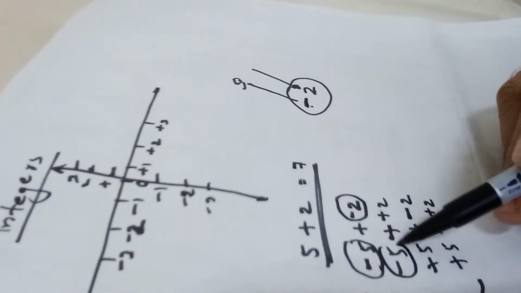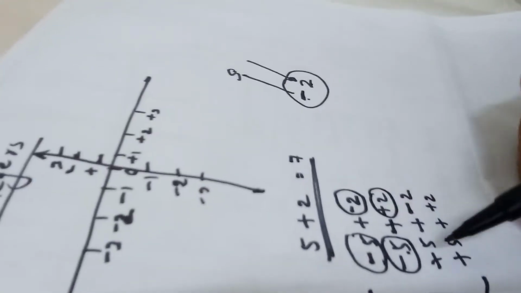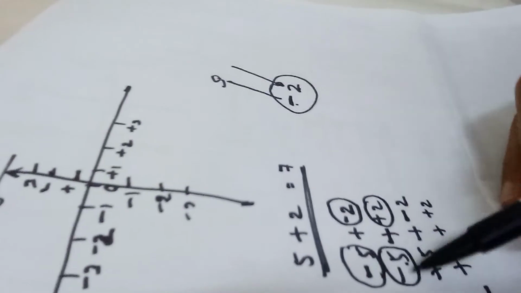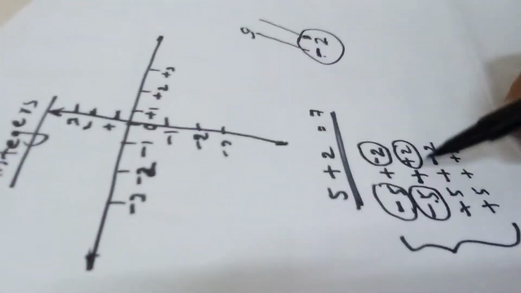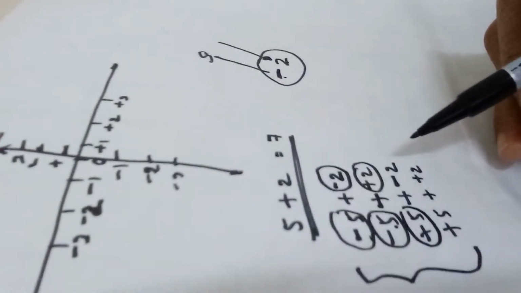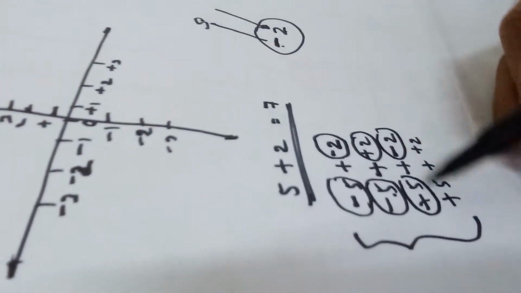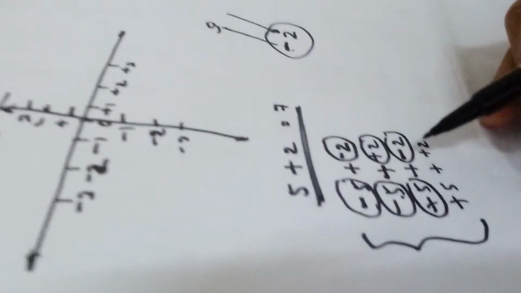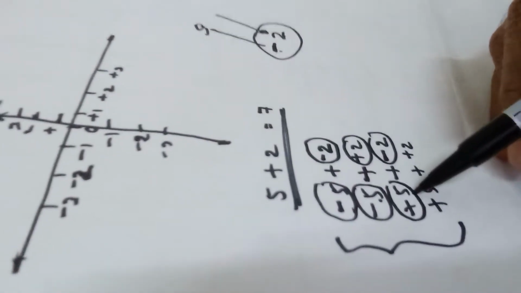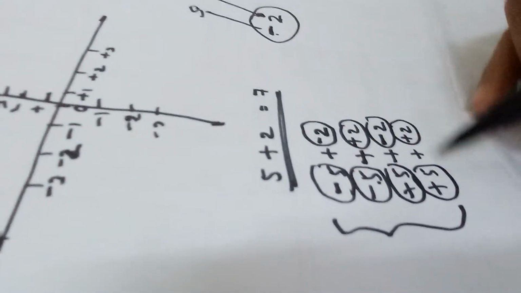Next example, minus 5 and plus 2, different sign. Then plus 5 and minus 2, different sign. Then plus 5, plus 2, the same sign.